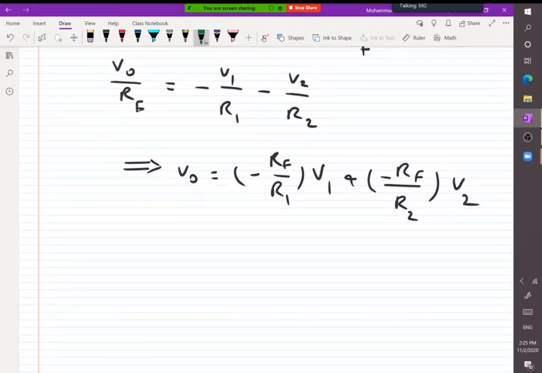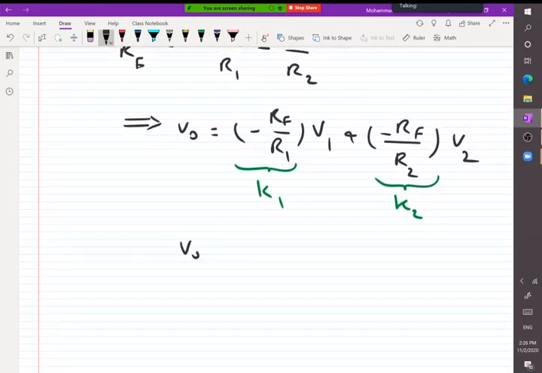Let's assume this one is K1 and this value is K2. So we can say Vo is equal to K1 V1 plus K2 V2.